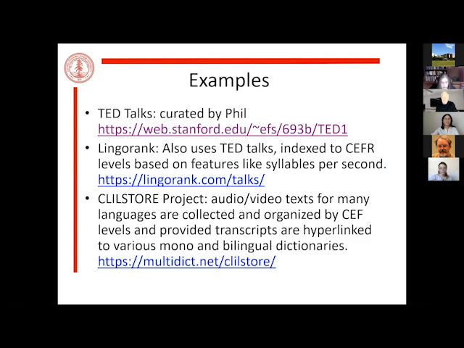And then Khalil Store is a project from the European Union that has all kinds of languages in it, material that's from the A1 to the C2 level, and has bilingual, multilingual dictionaries hyperlinked to the text within the transcripts or the captions.